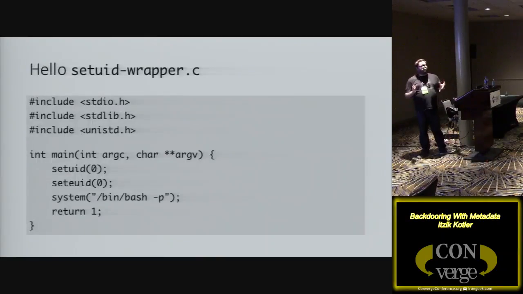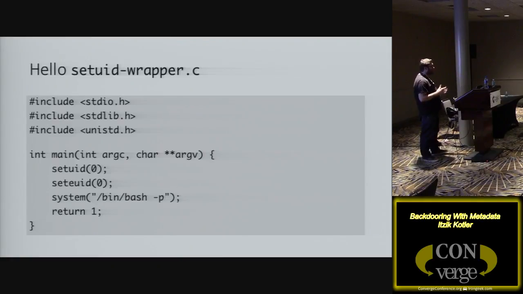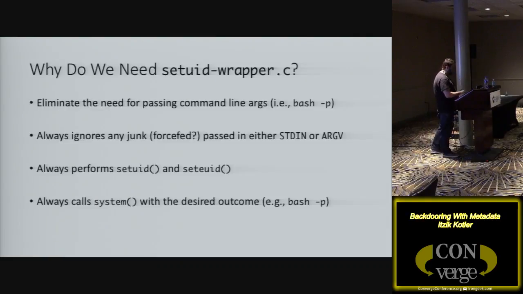To overcome that problem, and other problems we've talked about today with binaries that expect certain APIs, we can create a wrapper that will ignore stdin, ignore parameters in argv, and always funnel to the same outcome, which is the desired shell.